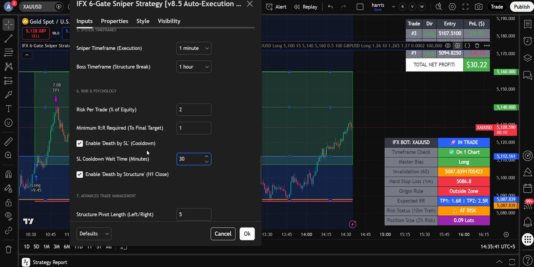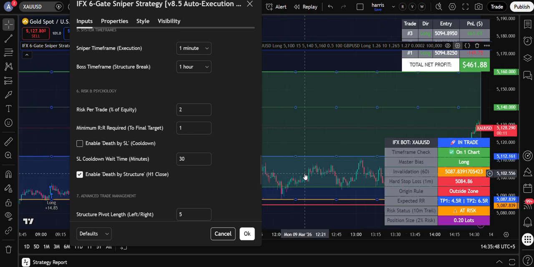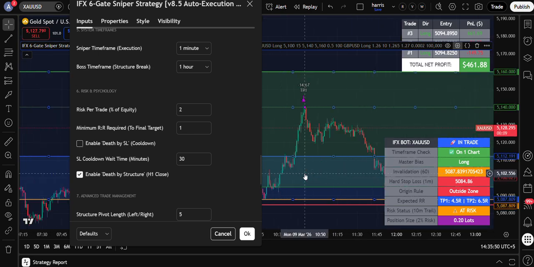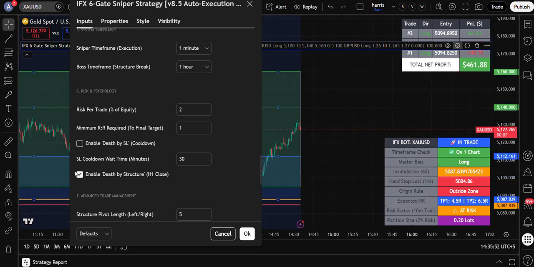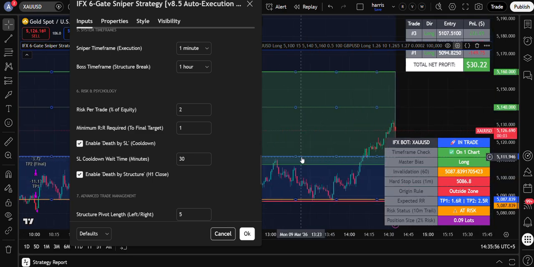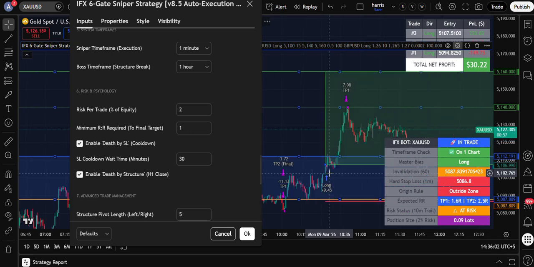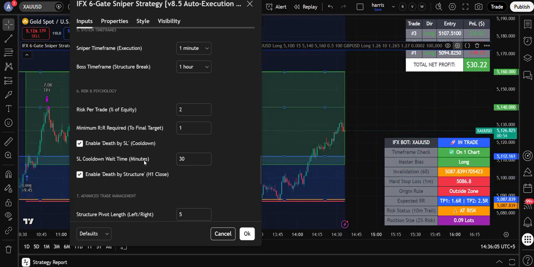If you want to turn it off, you can disable this, it will turn it off. So even if an SL gets hit, as you can see, I changed it and it changed something. Okay, guys? Enable SL by cooldown. So it's not placing trades if an SL gets hit. Okay, guys? So you need to understand this.